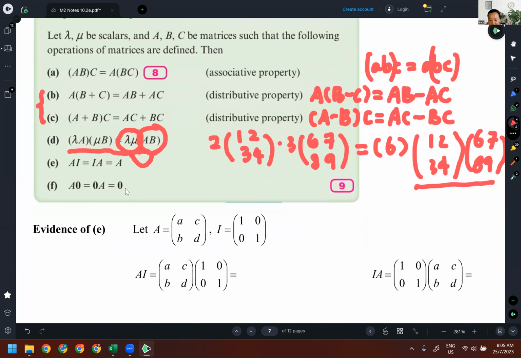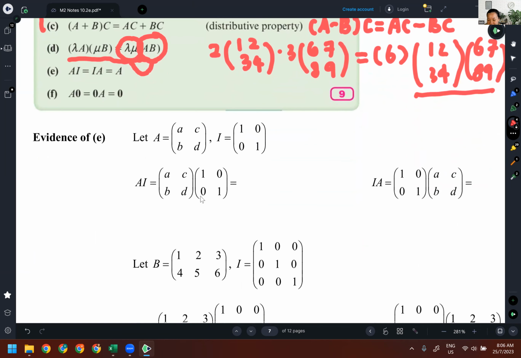Next, A times I equals I times A equals A. Here I is the identity matrix. This one, we don't prove it, but I'll show you evidence. You see, A is the matrix [a, b, c, d]. I is the identity matrix: diagonals are 1, and other places are 0.